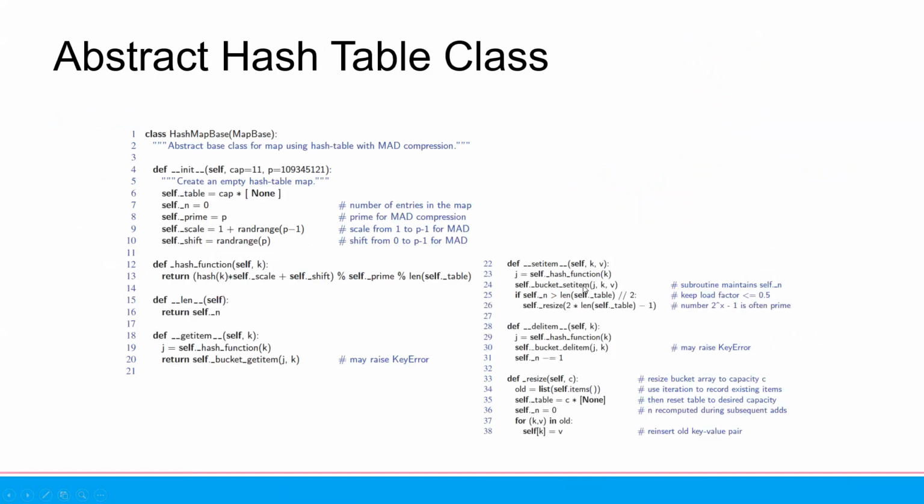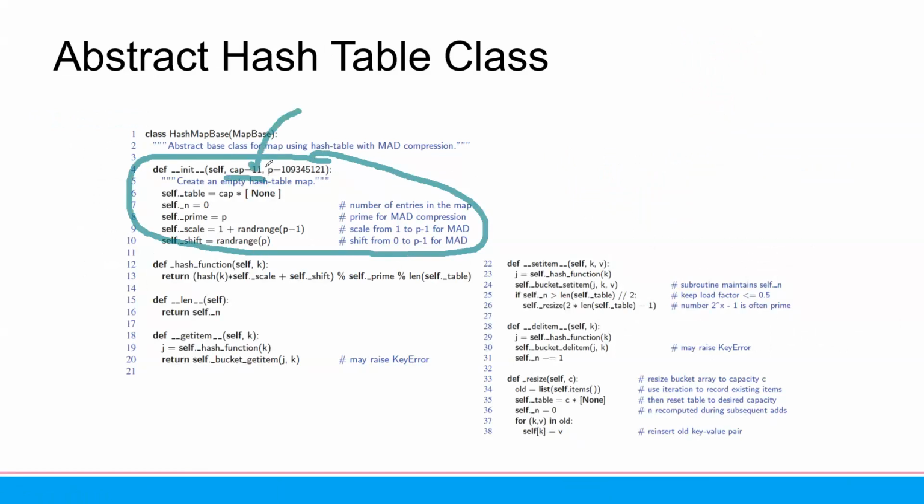If you deal with this hash map, we have something like this. The cap is the capacity. Let's say this is 11. So it determines the place.